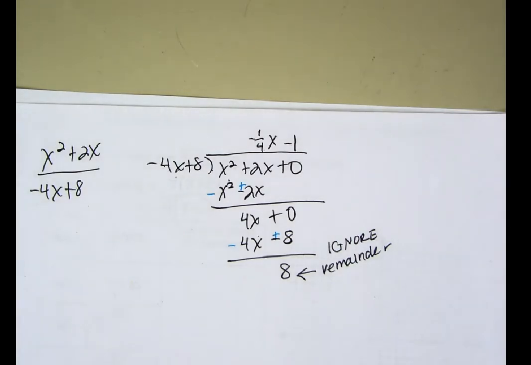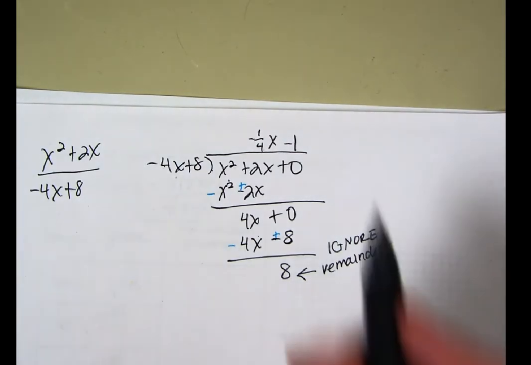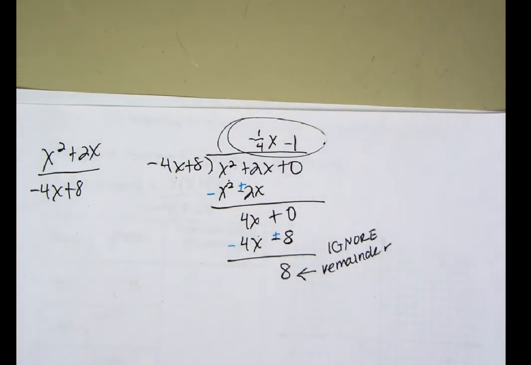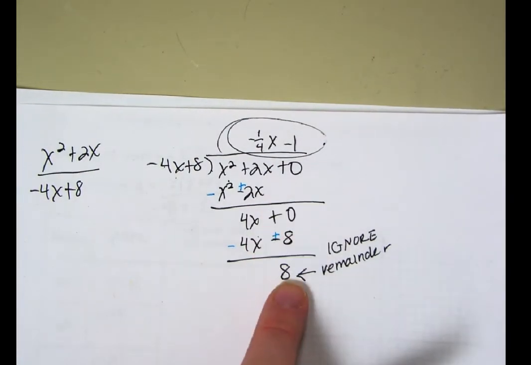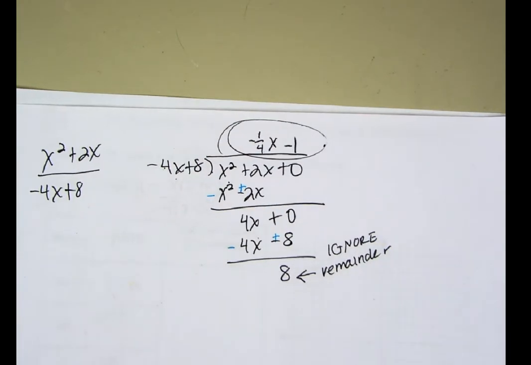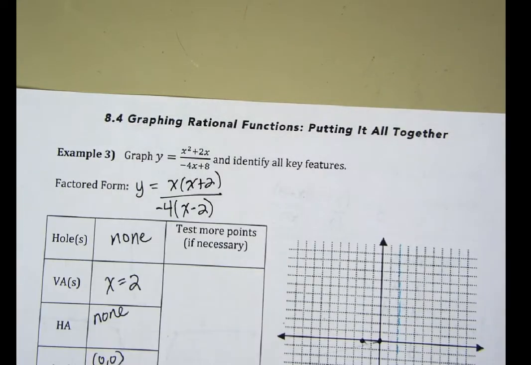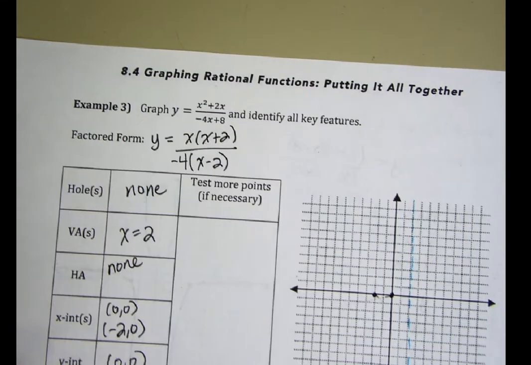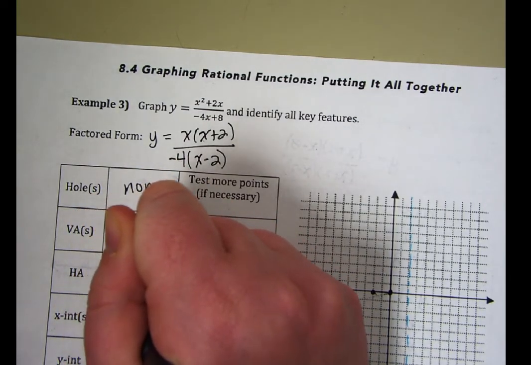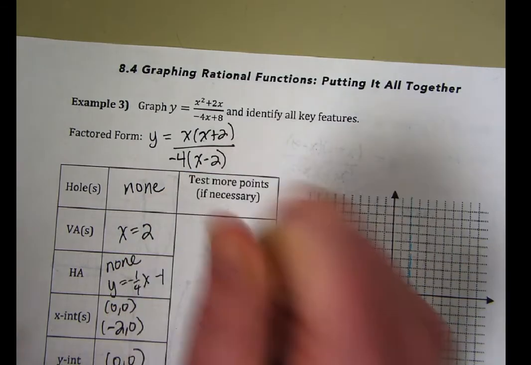Okay, so the quotient is going to be the equation for our oblique asymptote. We could care less what the remainder is. It's what's in the numerator, or what you divided, that is going to tell you what the oblique asymptote is. So our oblique asymptote is y equals -1/4 x minus 1.